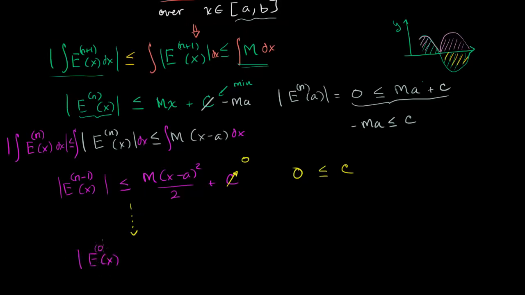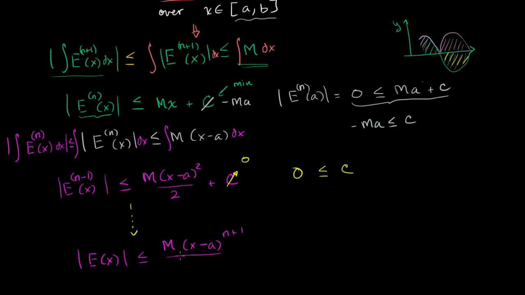We're going all the way to the 0th derivative, which is really just the error function. The bound on the error function of x is going to be less than or equal to m times x minus a, and you can already see the pattern: this exponent plus this derivative is going to be equal to n plus 1. Now this derivative is 0, so this exponent is going to be n plus 1.